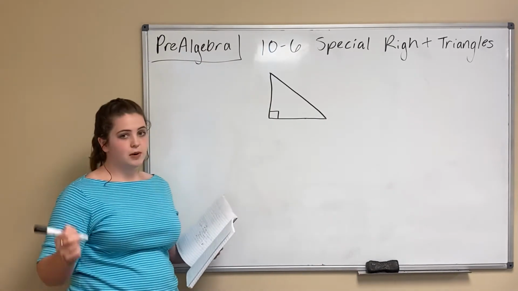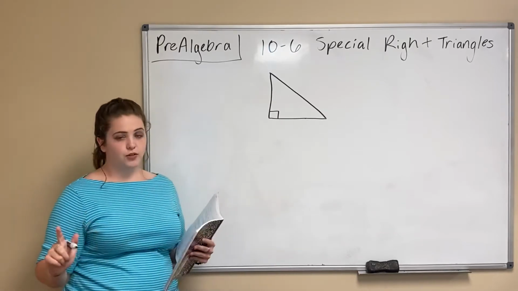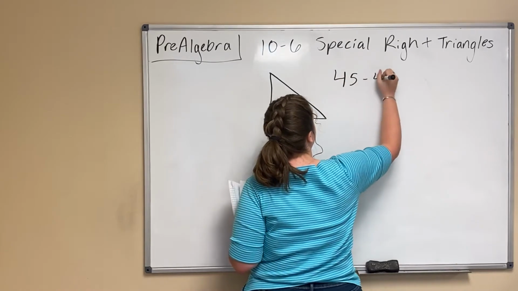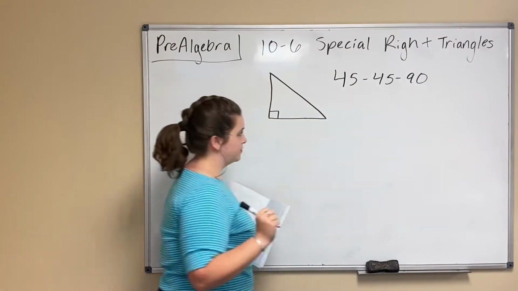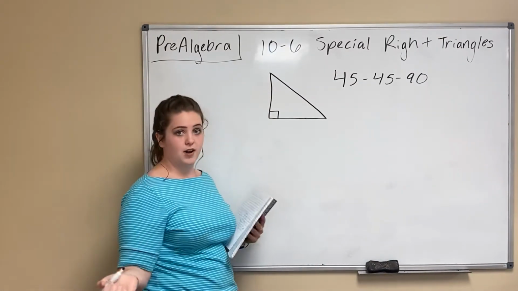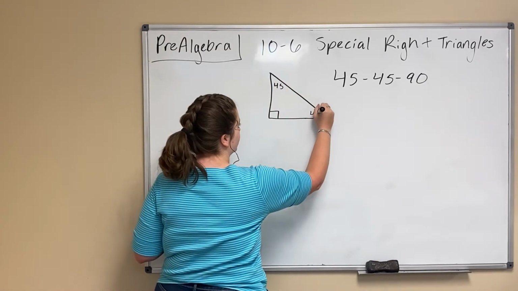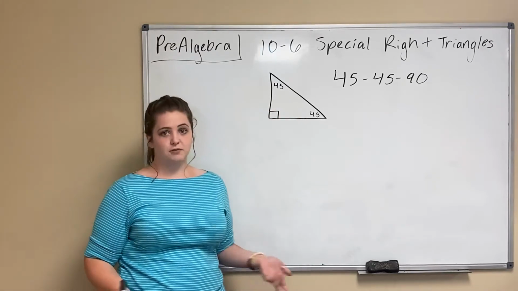Now today we're going to learn about two different special kinds of right triangles. The first one is called a 45, 45, 90 triangle. The reason it's called that is because it has one angle that's 90 and then two that are 45. So it's a 45, 45, 90 triangle.